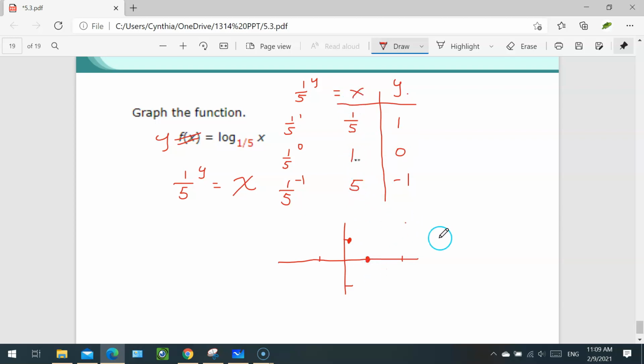When x equals 5, y is negative 1. So the curve has a vertical asymptote, and passes through this point, through (1, 0), and through (5, -1). So this would be the logarithm base 1/5 of x, the function itself. And this is the way you structure the graph.